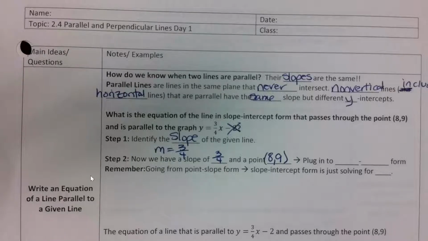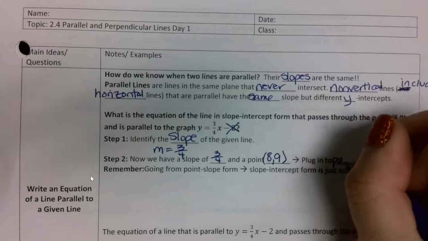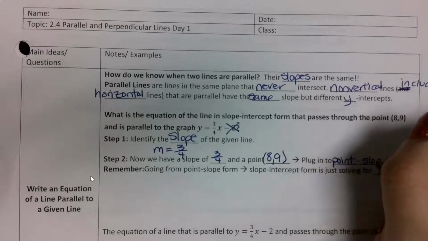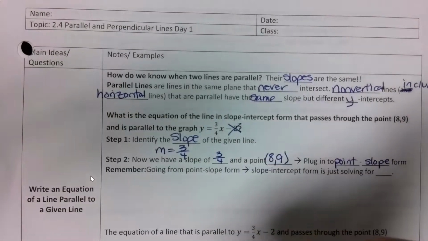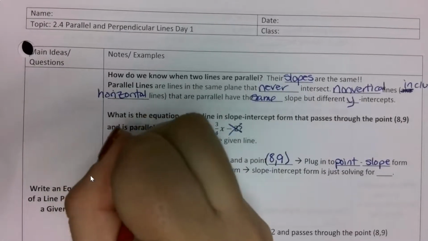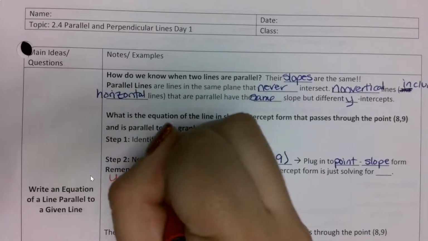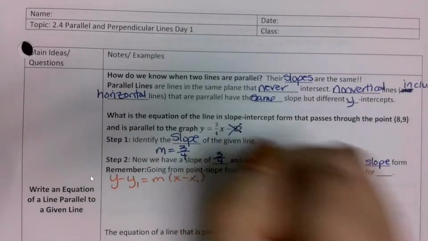Slope-intercept or point-slope? So I'm going to write down point-slope on my paper just in case you guys forgot. It's y minus y1 equals m times x minus x1.